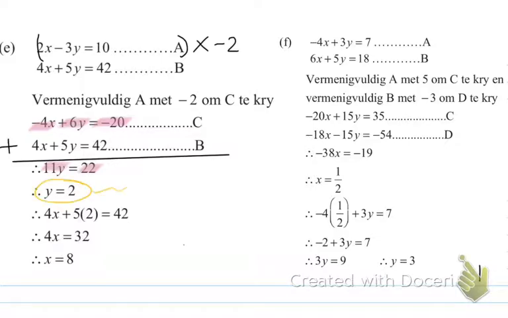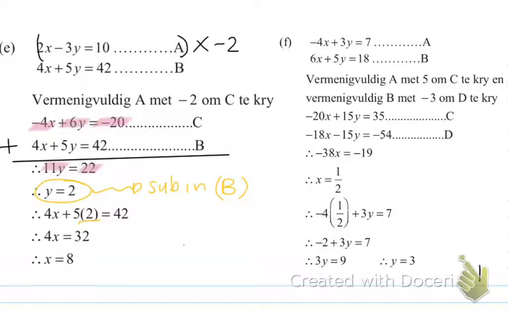Now I sub that into equation number B. I could have taken any equation, A, B or C. So I took B. And then I put in the place of y a 2. So 4x plus 5 times 2 is 42.